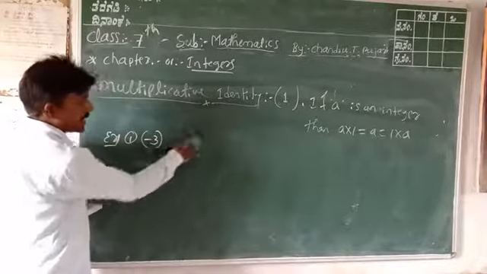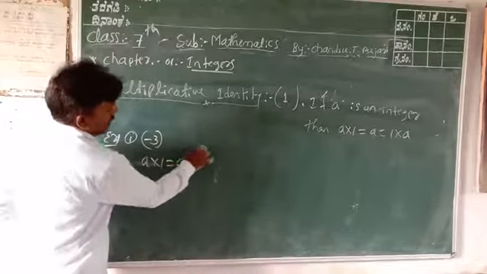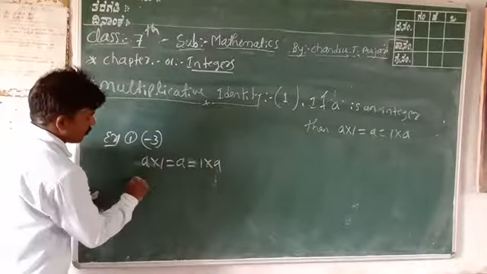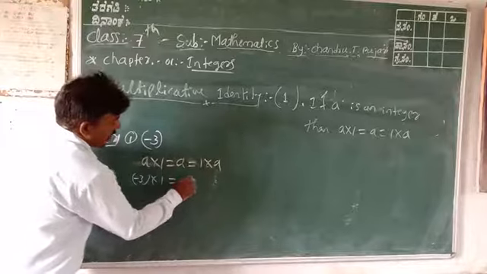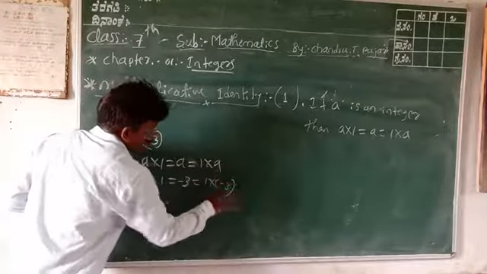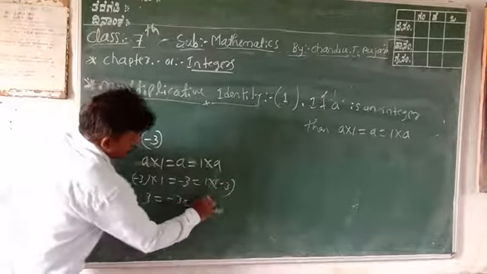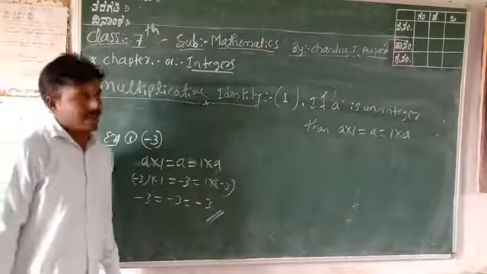Our condition is A into 1 is equal to A is equal to 1 into A. Therefore, A value is minus 3 into 1 is equal to minus 3 is equal to 1 into minus 3. Therefore, minus 3 into 1 is minus 3, is equal to minus 3. Hence the proof of our multiplicative identity.